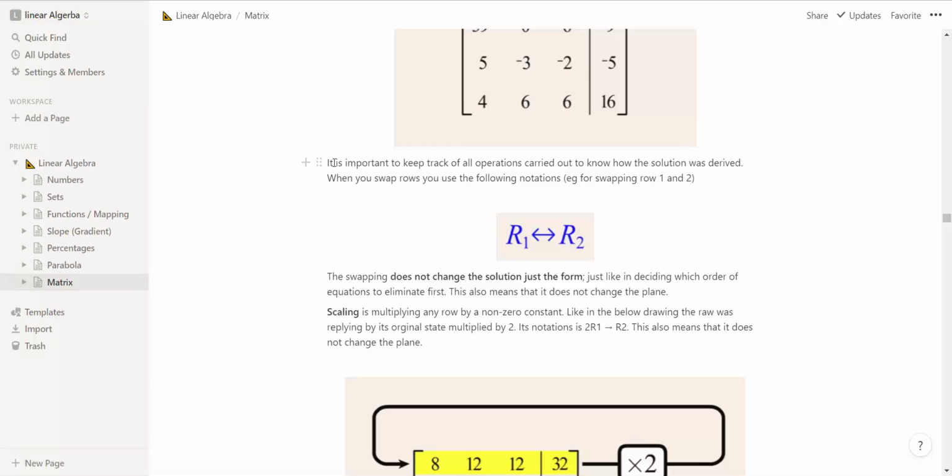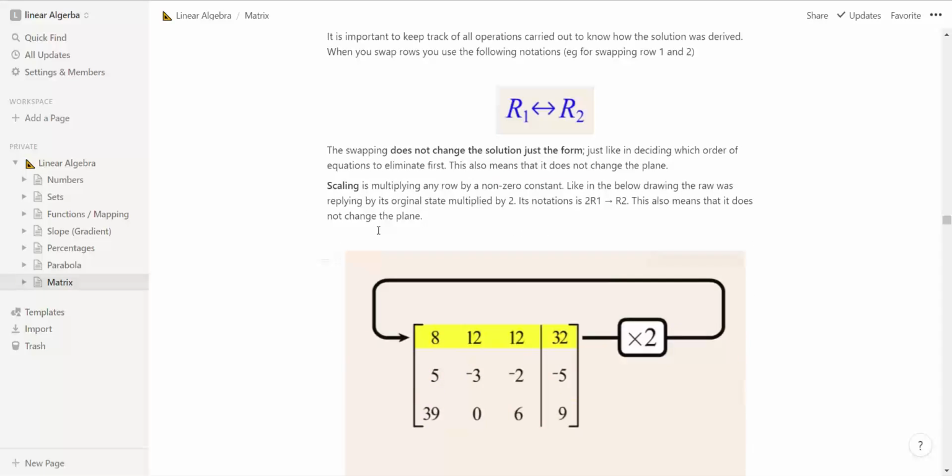So you get the swapping, you need to set these forms, and then you can do the scaling, in which you multiply by a scalar. But you have to indicate where you replace it.